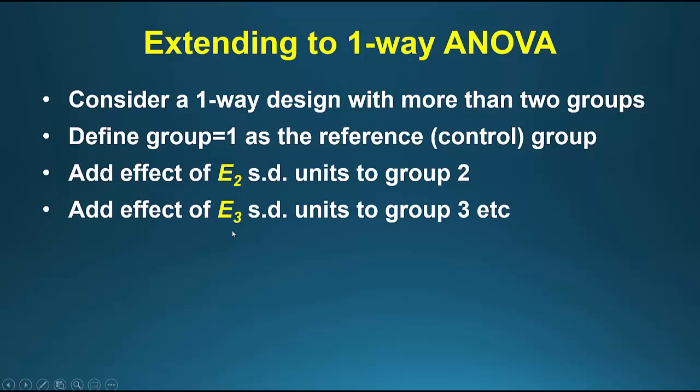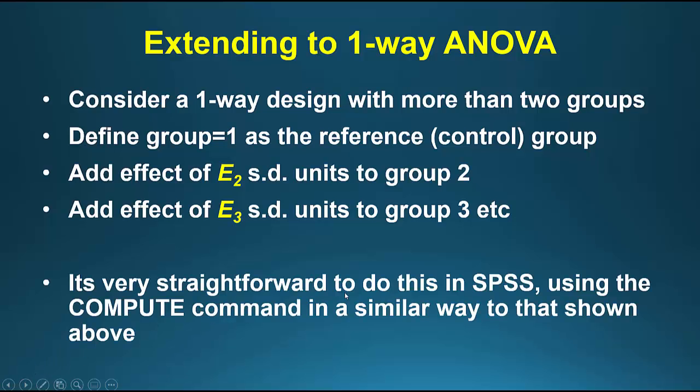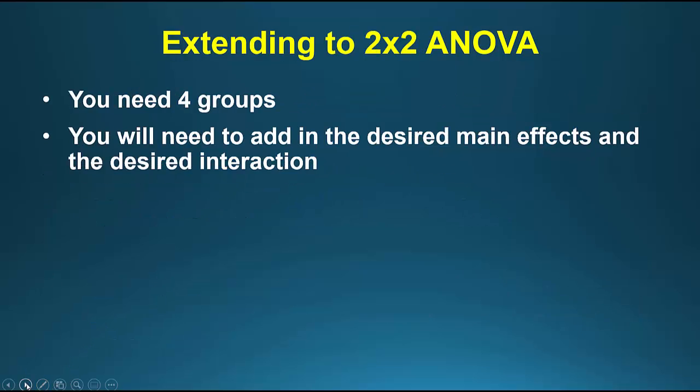And then we can add an effect E3 standard deviation units to group 3, and that could be different from E2, and it could be even in the opposite direction, so that we can make 2 groups or more groups, and some of them differ from the reference group. And it's very straightforward to do this in SPSS using the compute command in a similar way to the way we've done it above for 2 groups. So I won't bother showing you that.